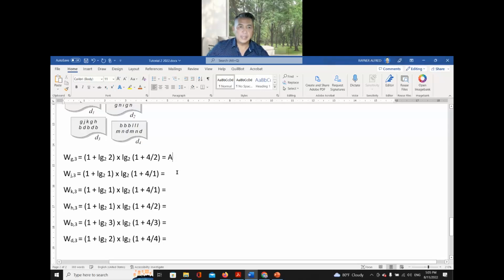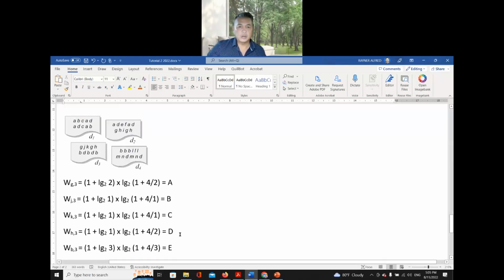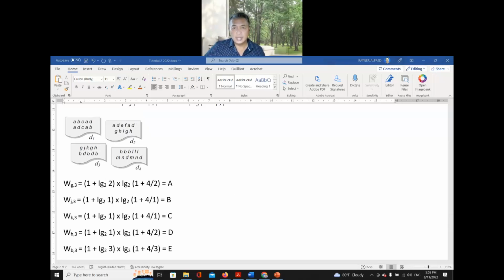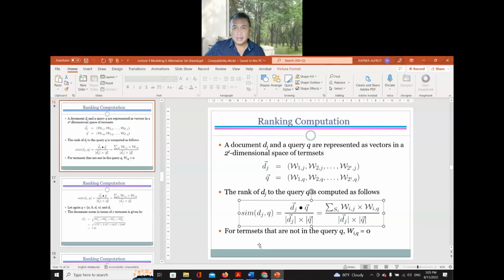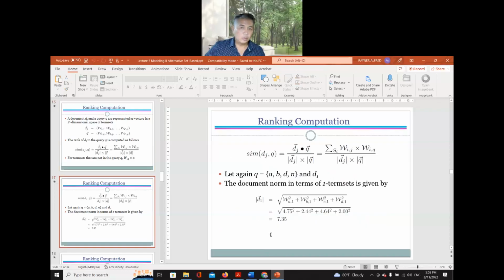Okay. So once you get all the values for A, B, C, D, E, F, then you need to find the length. So for the length, you need to take the square of all the weightages, and then you take the square root.